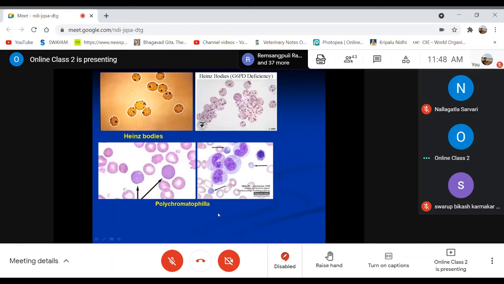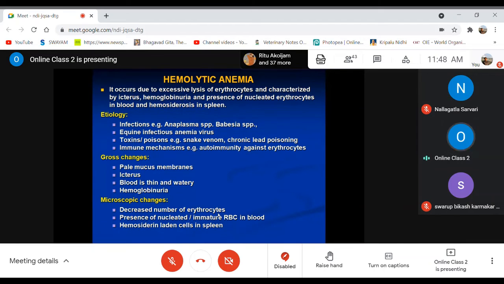Right. Now the other type is classification of anemia according to etiological or causative factors. The earlier one was based on the morphological structure of the RBCs as well as the concentration of hemoglobin, right? So under this classification, first is hemolytic anemia.